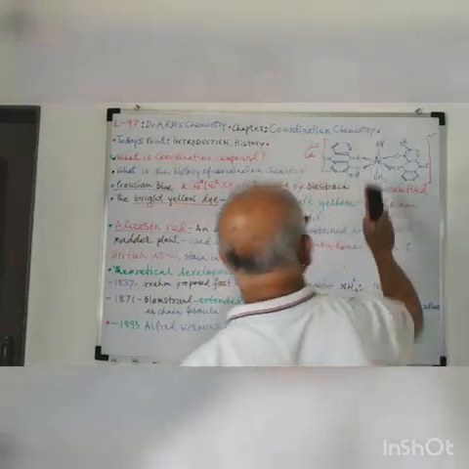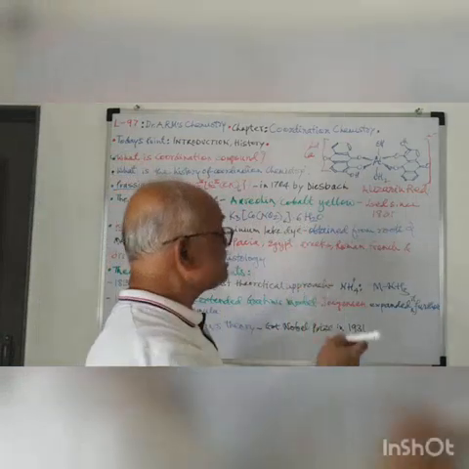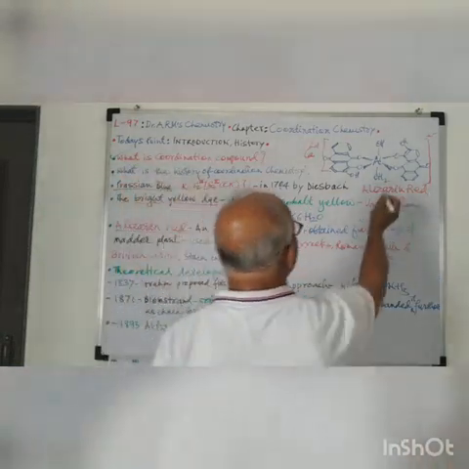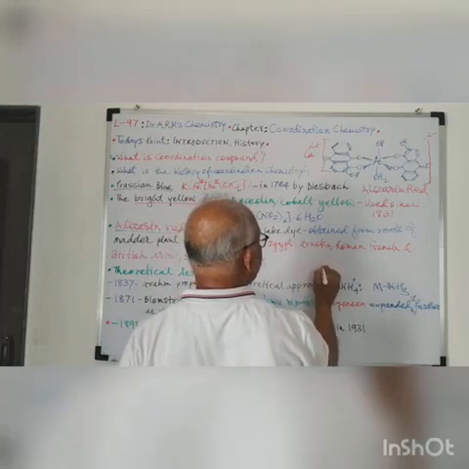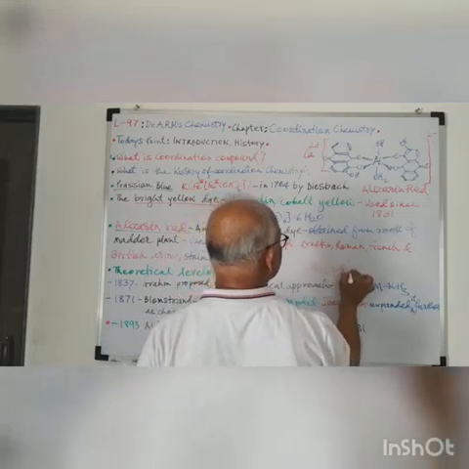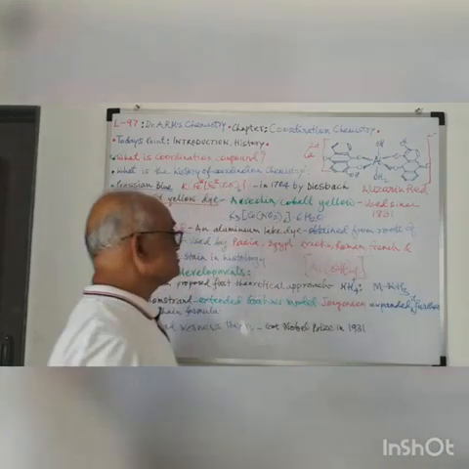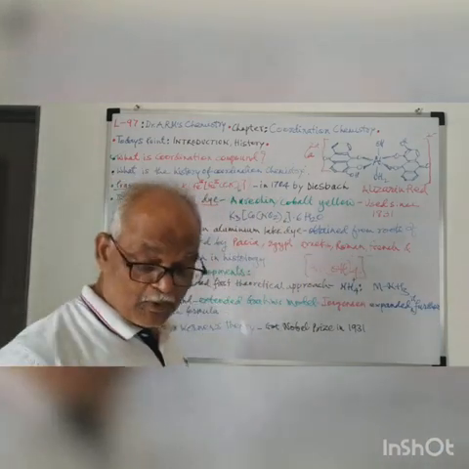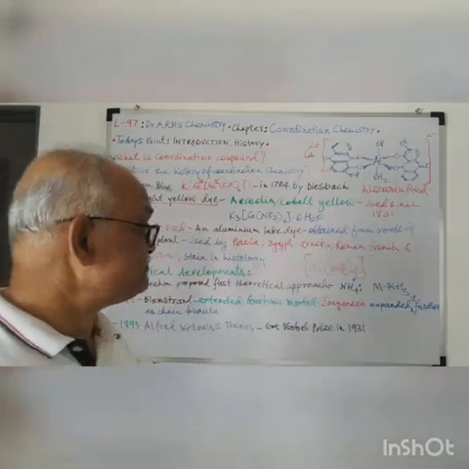So you have seen that this is our coordination compound. Then if we see another example, say this is AlOH4 minus. This is also a coordination compound.